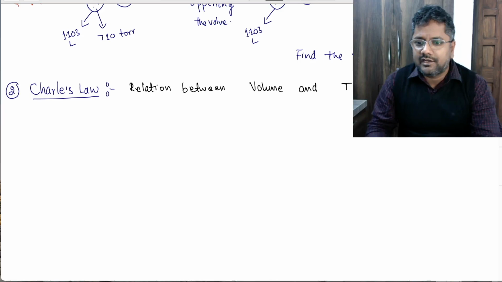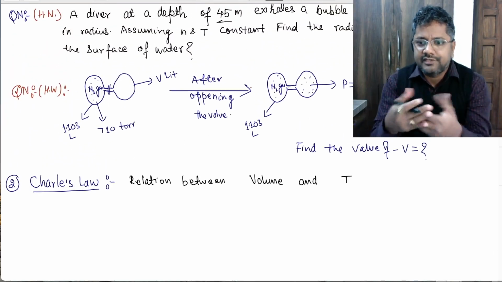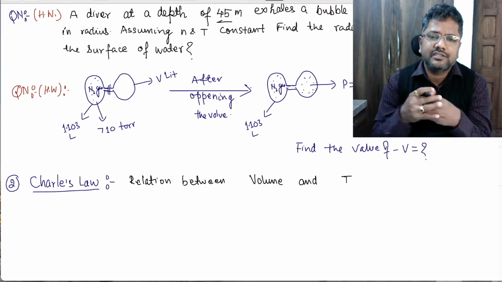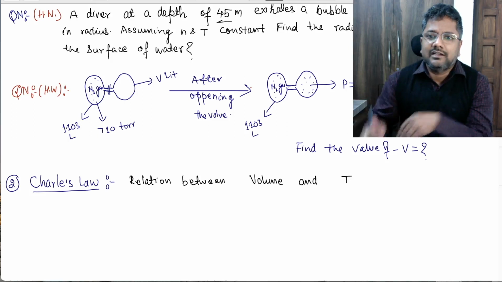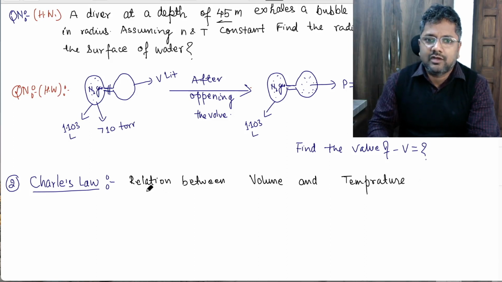I am not writing small t or capital T here because we have two different units for temperature. There is a linear relation, but not exactly a directly proportional relation. So volume and temperature I am writing in English. Slowly we will narrow this down.